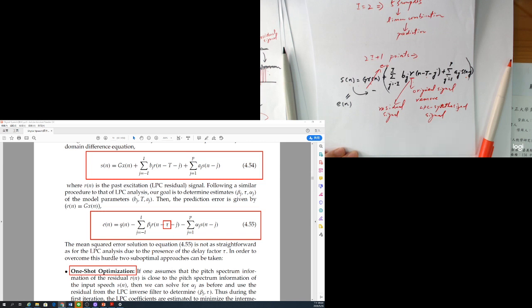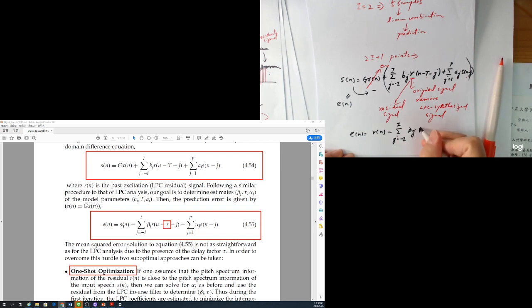So the error vector becomes R of n minus the sum over j of beta j times the residual signal at n minus tau minus j, because we don't know which delay, which pitch information. So we use beta j and tau here.